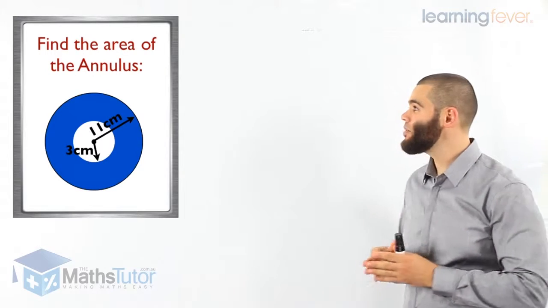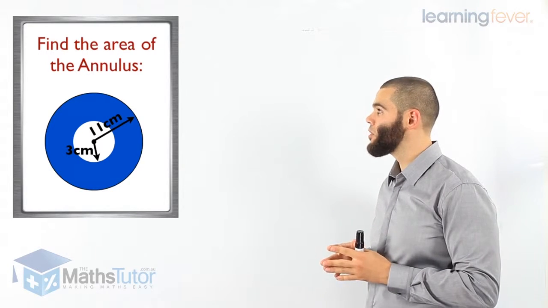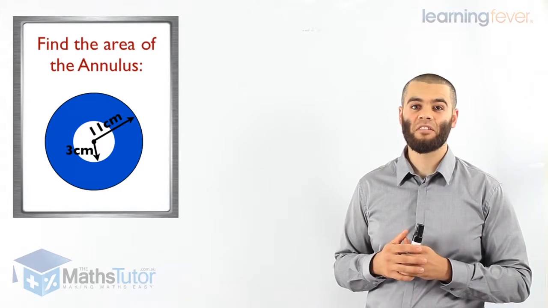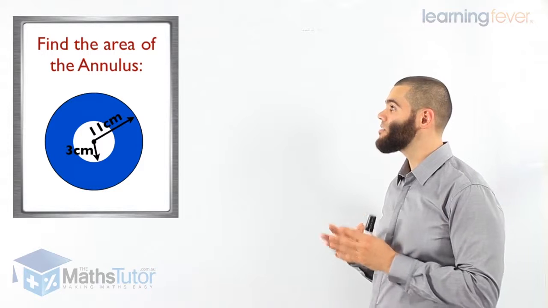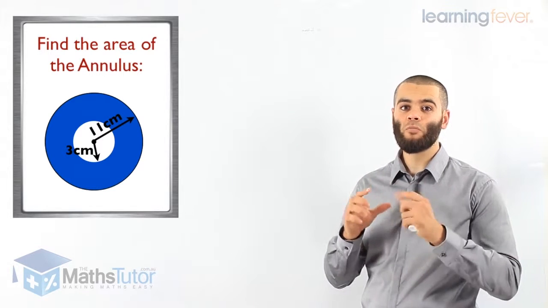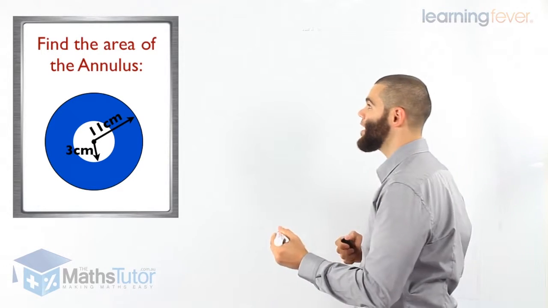The next example, again we have an annulus, and we are asked to find the shaded region, which is here shaded in blue. We can see the radius for, or the radii for the large circle is 11 centimeters, and the small circle, it is 3 centimeters. So we would like to take away the small circle from the large circle to find the shaded region. Let's do that now.